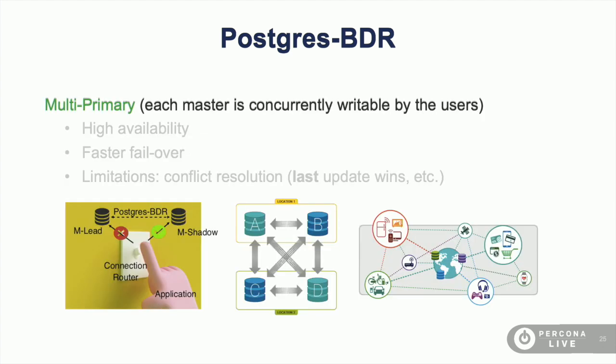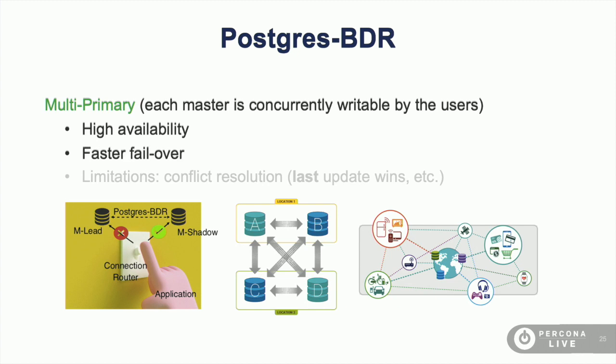And the final component is multi-primary, which allows every node to be in writable mode for the users. Why do people want a multi-primary scenario? A multi-primary scenario will always allow for high availability because all the nodes are in write mode, and if a node goes down, there is nothing to be changed, and the queries can always propagate no matter whether they're in read or write mode.